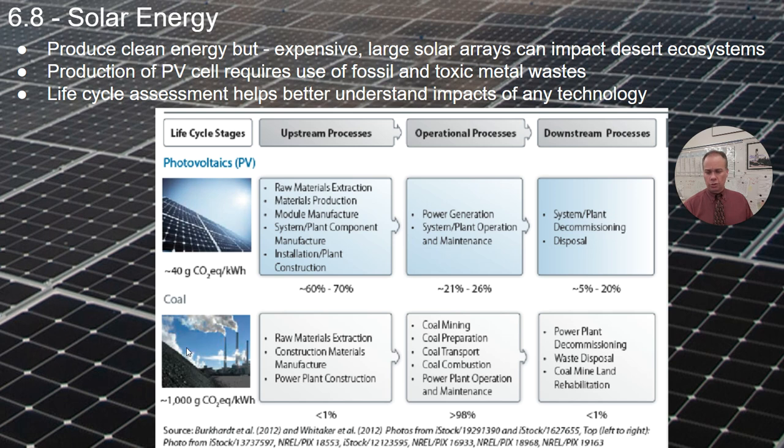Sometimes people will try to discount the use and the efficacy of photovoltaics because they say, well, they require manufacture and disposal and these metals. Well, when we look at the overall contribution to climate change and carbon dioxide, they are far more efficient than fossil fuels.